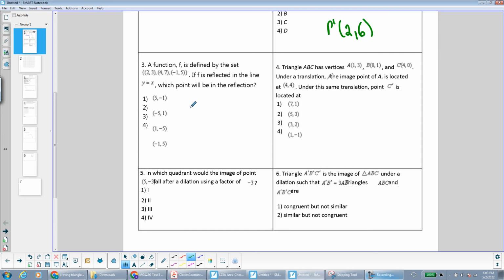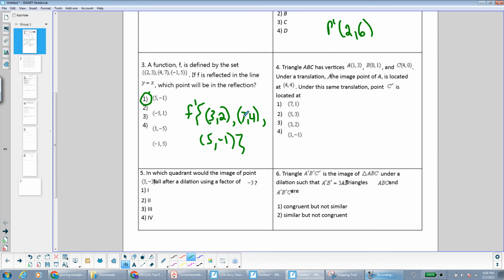So our function set after the reflection would consist of the point 3, 2, the point 7, 4, and the point 5, negative 1. So that tells me that the correct answer is choice number 1. That's the only choice that's actually in the set of the function.